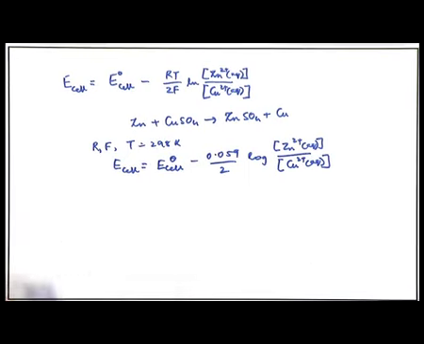So, what we have learned in this particular piece of lecture is that by coupling with the standard hydrogen electrode, and constructing a cell with an unknown half cell, you will be able to find out the half cell potential.